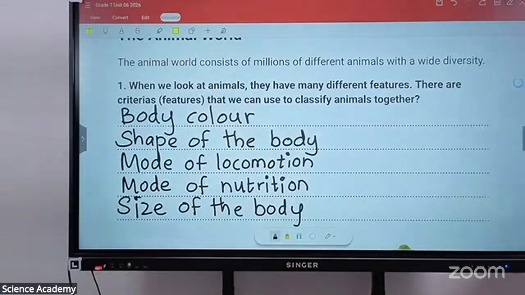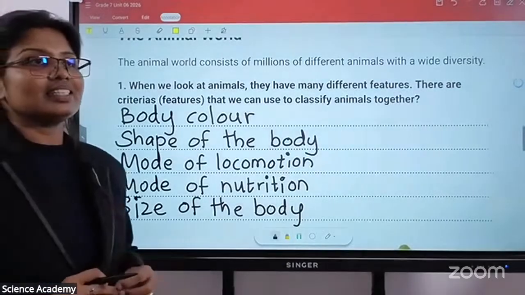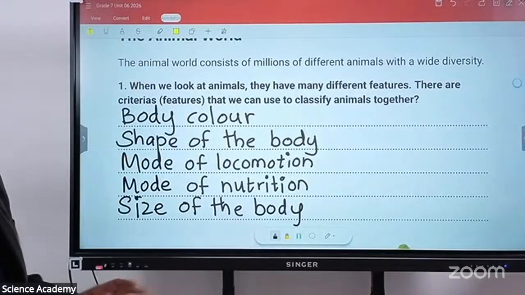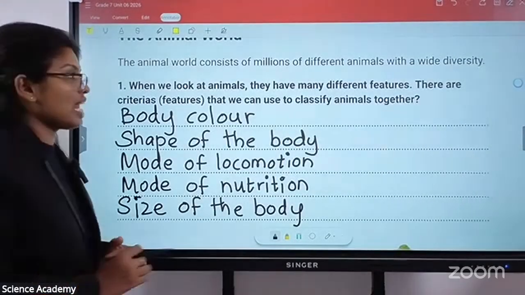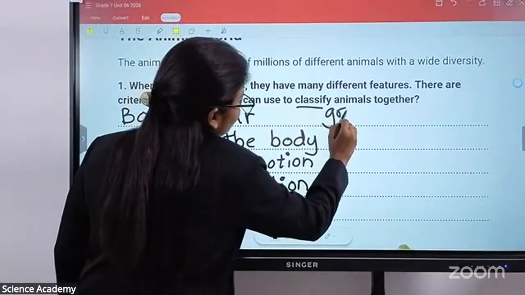According to your grade 7 criteria, these are the 5 points used to classify these animals. Classify means grouping.